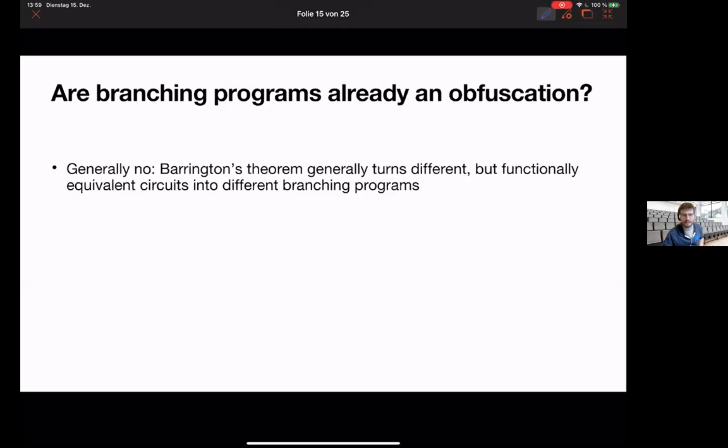I can look for something, but let's see. Maybe I'm gonna find something, but I'm gonna write this down. You mean now specifically regarding branching programs? Yeah. Okay.